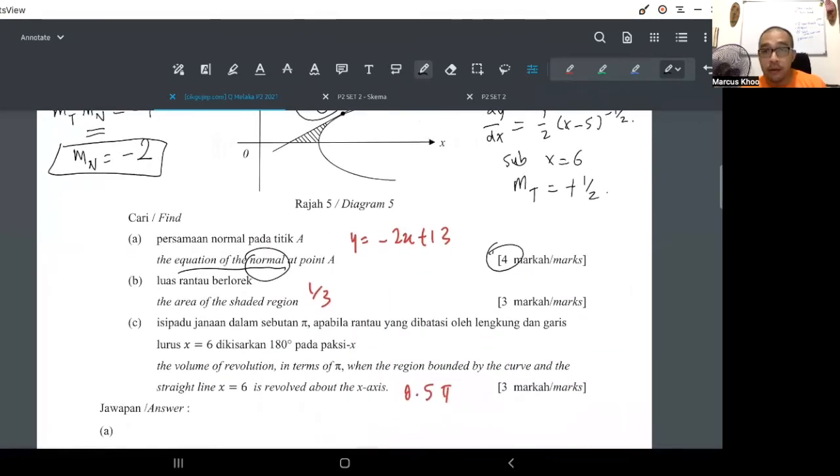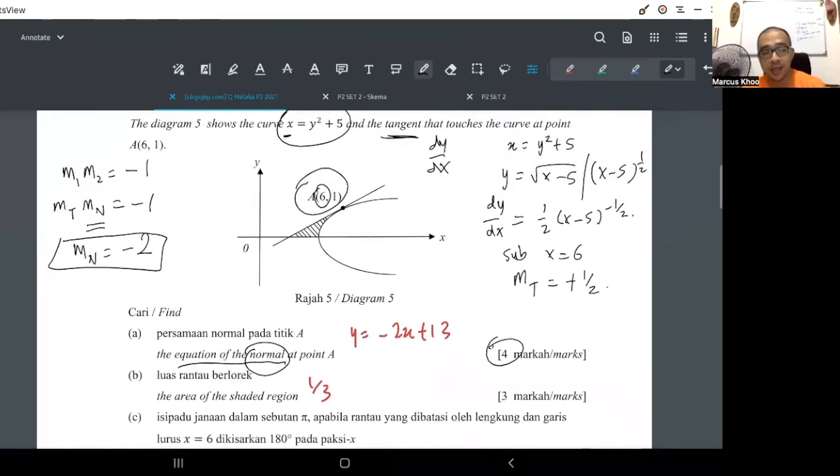Area of the shaded region. I wouldn't say there's anything very special about this, but there's probably a reason why they give us this instead of y equals. It is most likely what we want to do is this: this whole thing is a trapezium minus the area under the curve here.